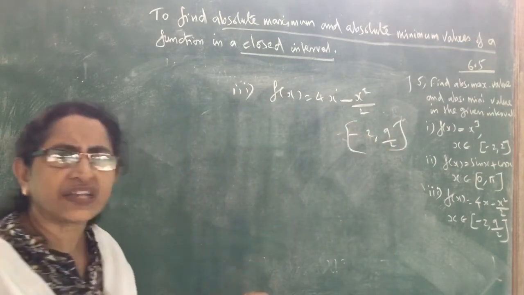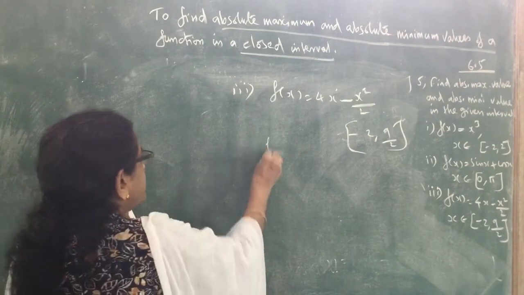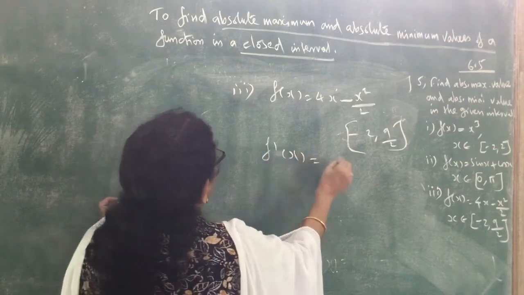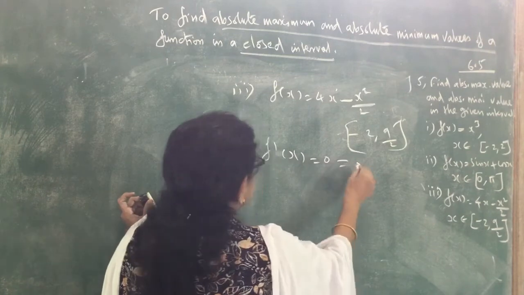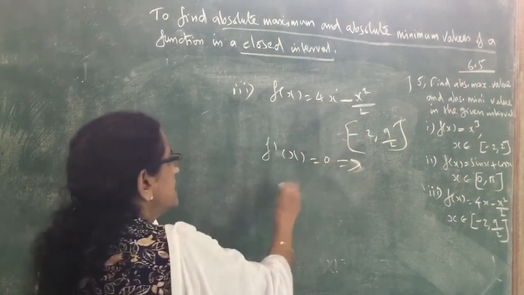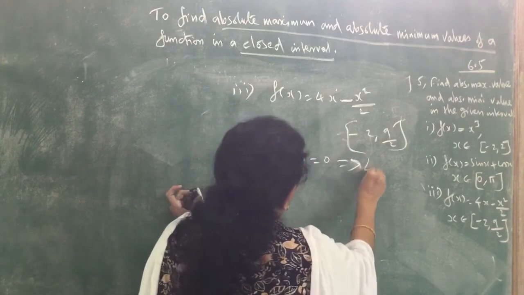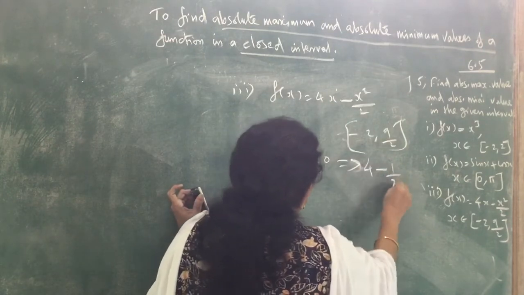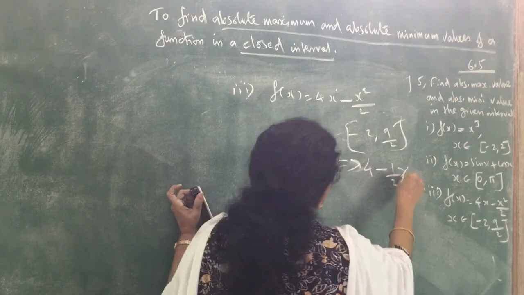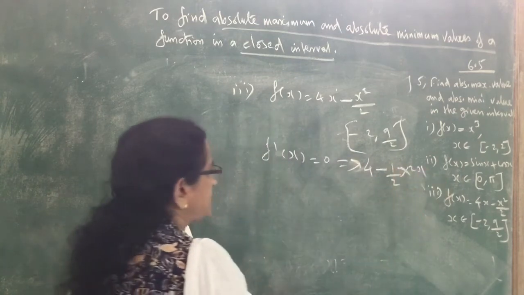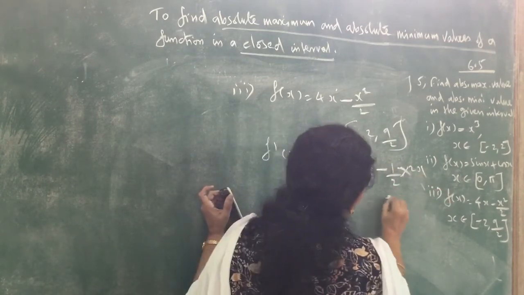Now we have to find the critical points, that is, f'(x) = 0. What is the derivative? f'(x) is 4 into the derivative of x, 4, minus 1/2 into the derivative of x^2, 2x, and that is equal to 0.